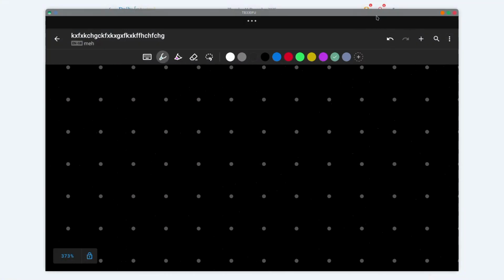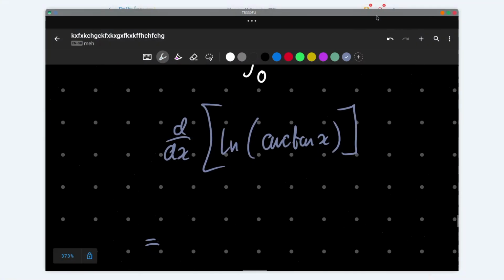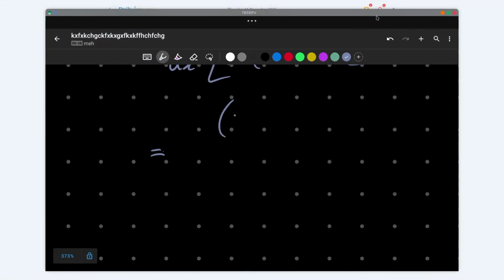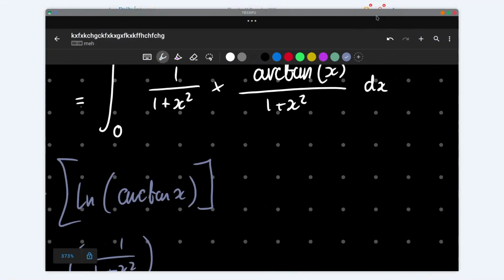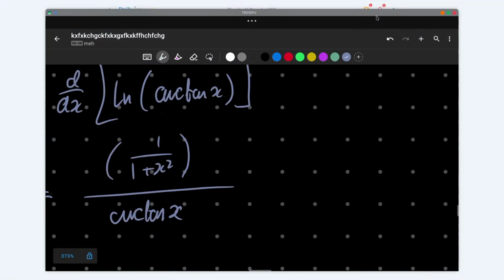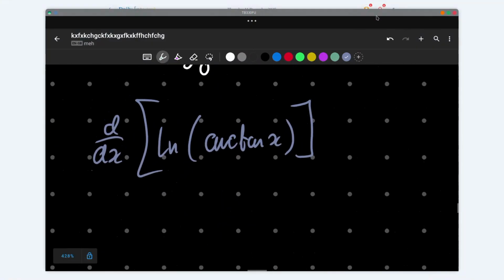Actually green's the wrong color. d by dx of ln of arctan x is equal to the differentiated version, which would be 1 over 1 plus x squared over arctan, which is different from what we have. So doing by parts actually doesn't do anything here, which is great. Or maybe it does, but I'm blind. Anyways, it's not ln of that, so that's good to know, I guess.